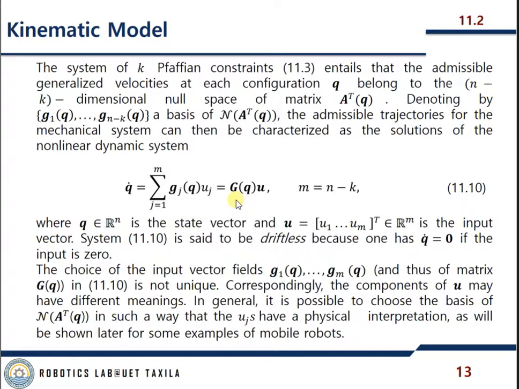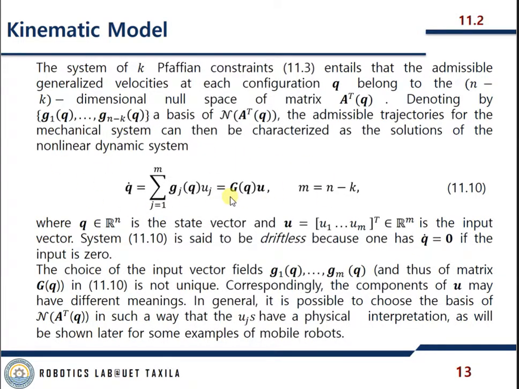This system is said to be driftless because one has Q dot equal to 0 if the input is 0. Now let me tell you that these kinds of systems do not exist in practical situations, but for a mobile robot which is moving at a quite slow speed, these equations can be used.